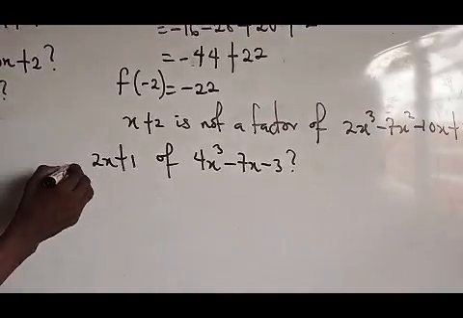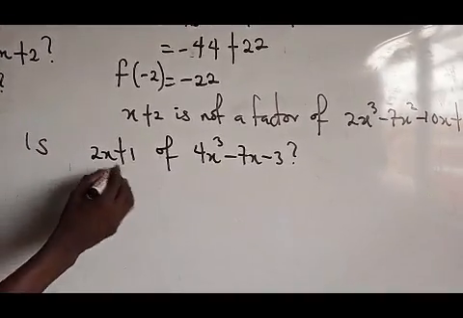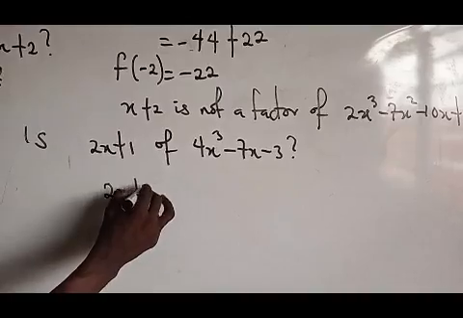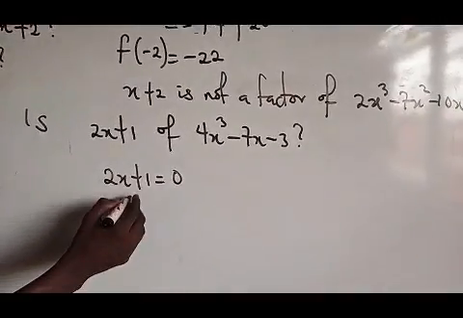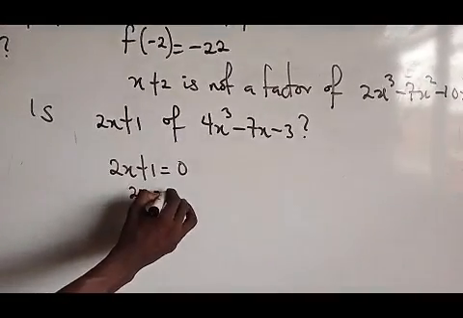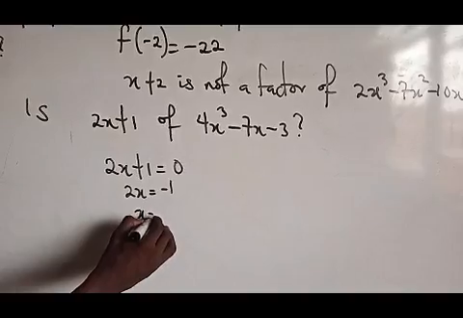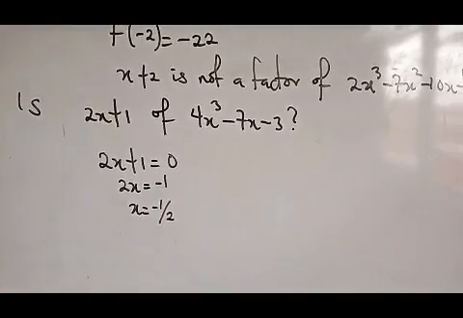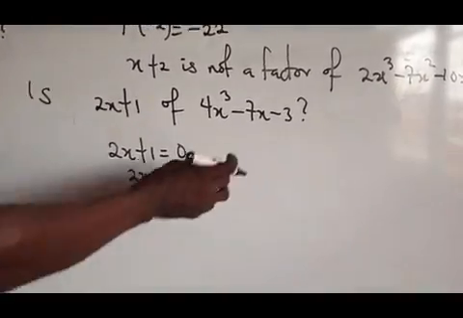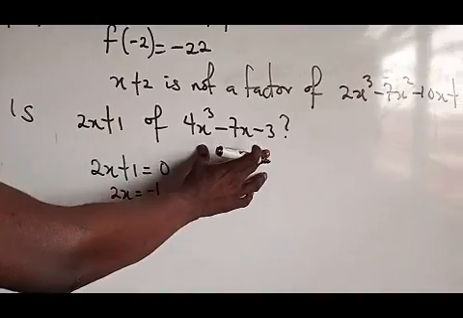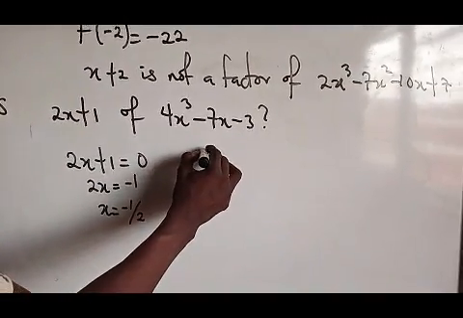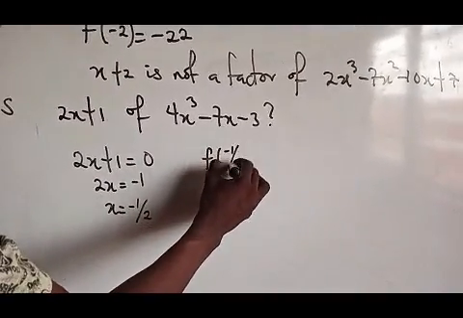The first thing is to make 2x plus 1 equal to 0. So 2x equals minus 1, then your x will be minus 1 over 2. Anywhere you see x in this place, you put minus 1 over 2. So that will be f of minus 1 over 2.